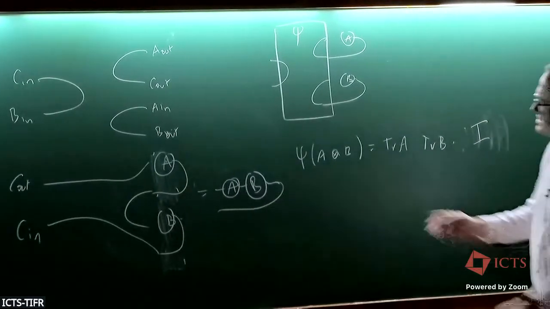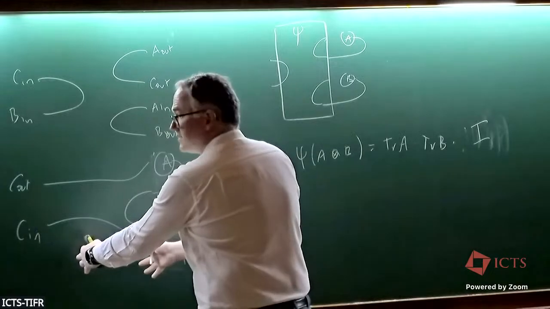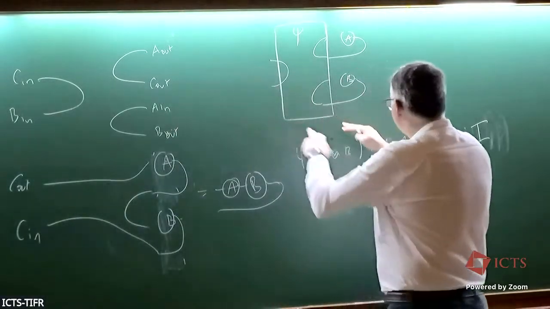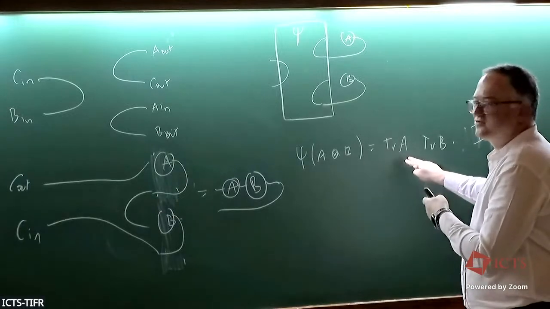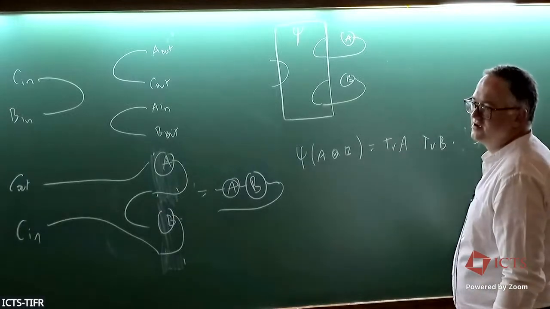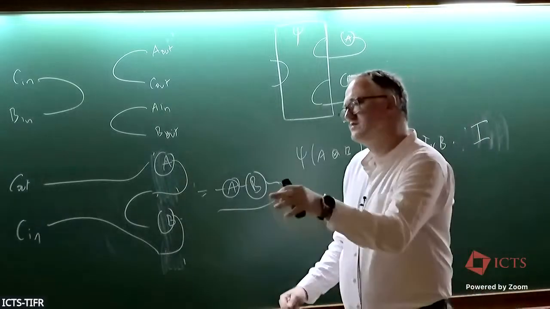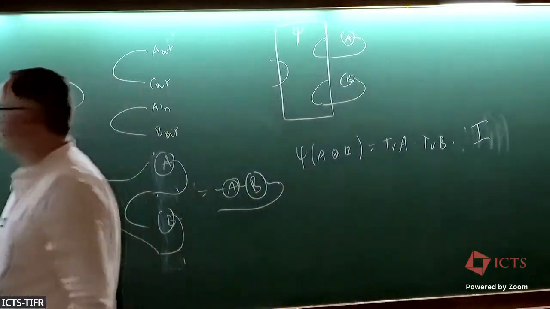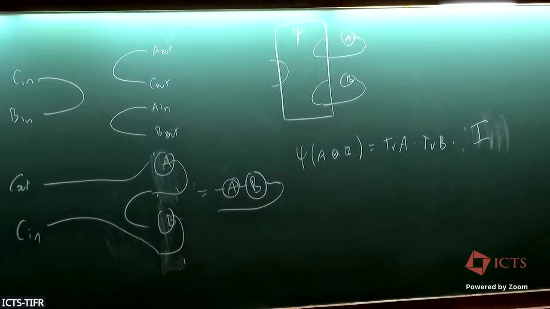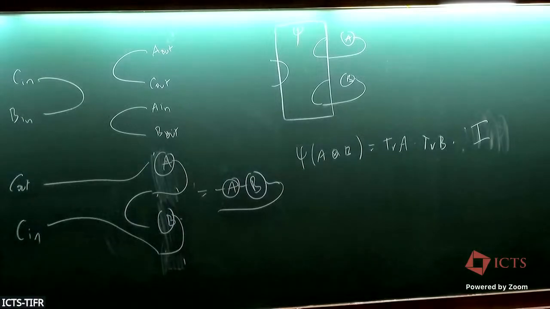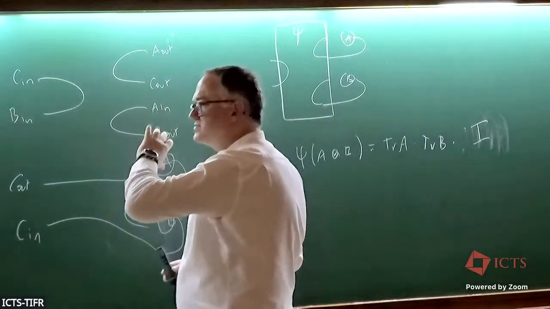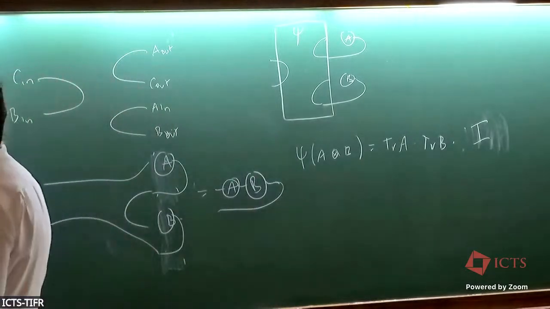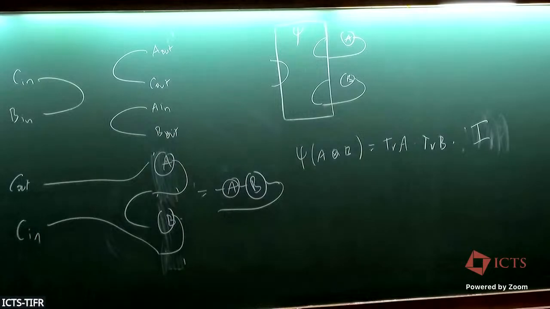Okay, so this box here implements matrix multiplication. This box here implements this operation: it takes the trace of one input, the trace of the second input, and uses the identity. So the point is that you have to keep track of which legs correspond to A, which legs correspond to B, and which legs correspond to C. And if I rotate them to get this very nice identity tensor, I lose this.